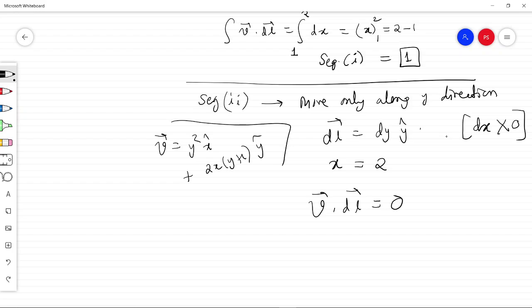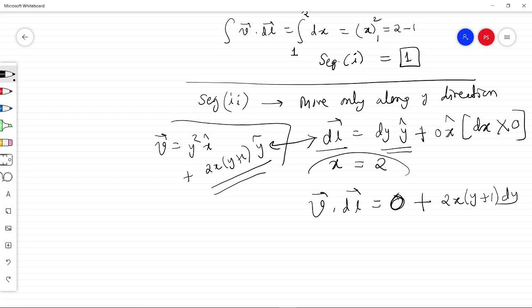is just 0 plus y component, because here we have 0 x cap. So when we take a dot product of this with v bar, the x component disappears and the y component is present. It is just 2x times y plus 1 dy. And if we further substitute the value of x here, we get 2 into 2 into y plus 1 dy, since x is equal to 2.